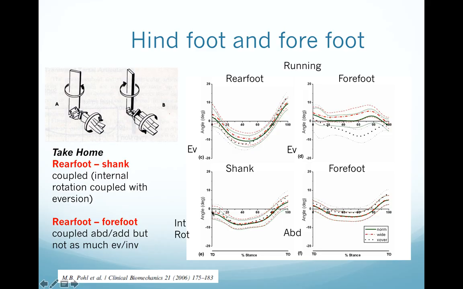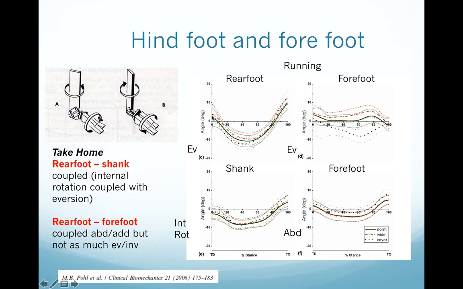We see that from heel strike to toe off, there's a pattern of internal rotation followed by external rotation toward 100% of the gait cycle. If we look at the subtalar joint, which is here, i.e. the rear foot relative to the tibia, we see eversion is negative and inversion is positive across the stance phase.